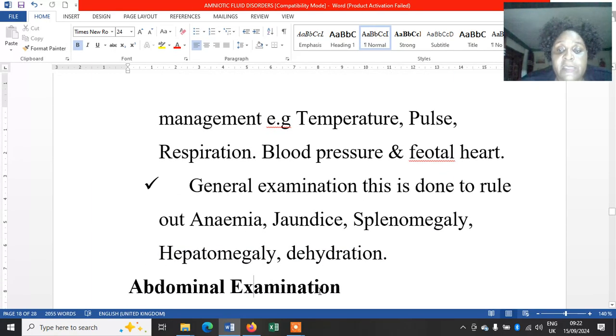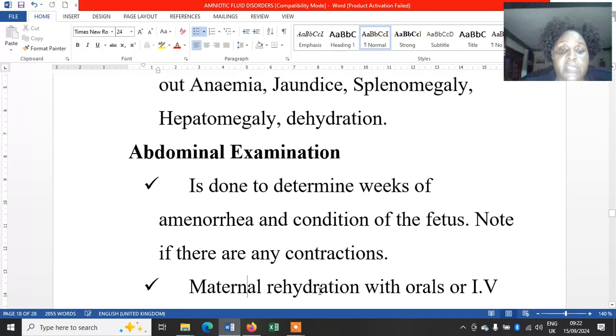Continue with general examination to rule out anemia, jaundice, organomegaly, that is the spleen and the liver, and signs of dehydration. Then on general examination, determine the weeks of amenorrhea and the condition of the fetus.